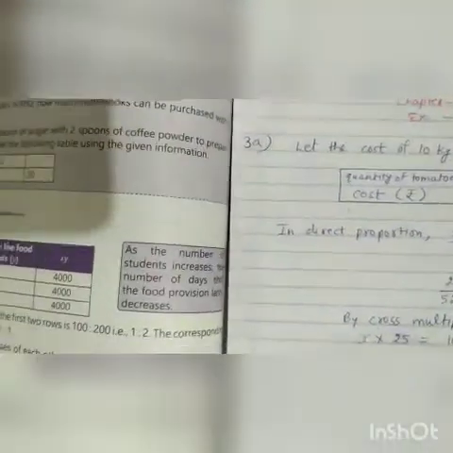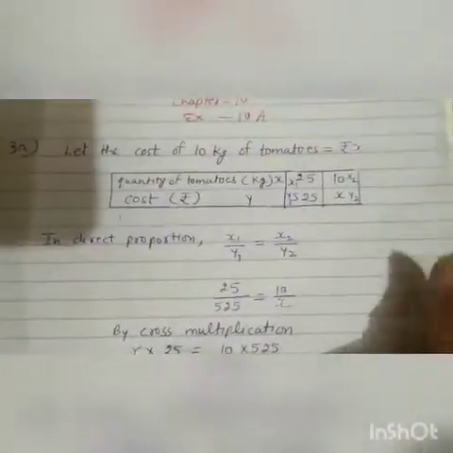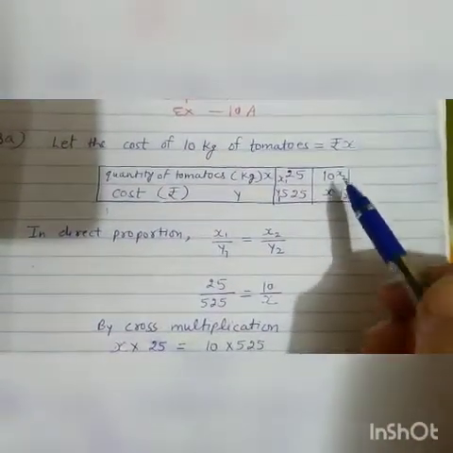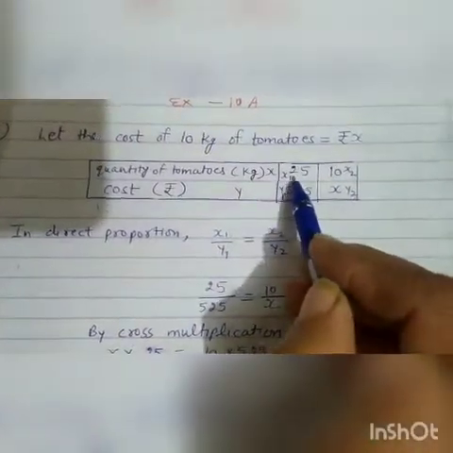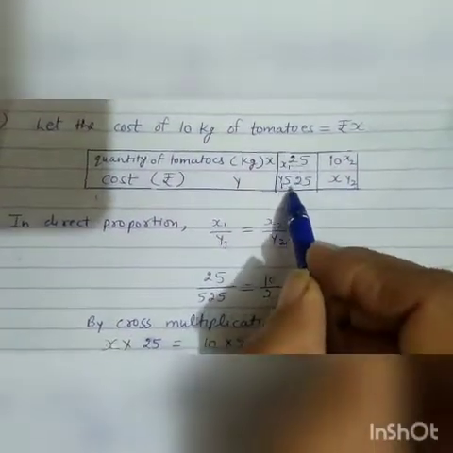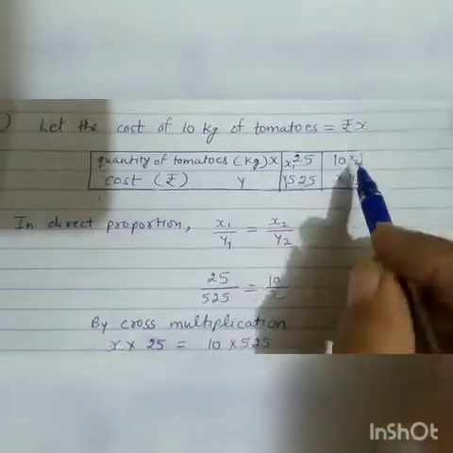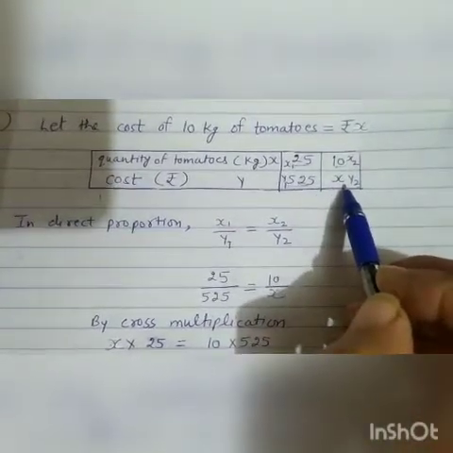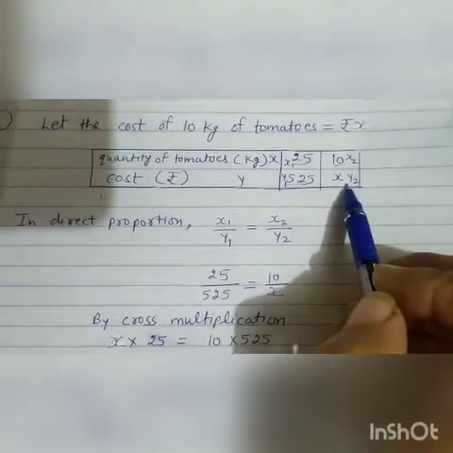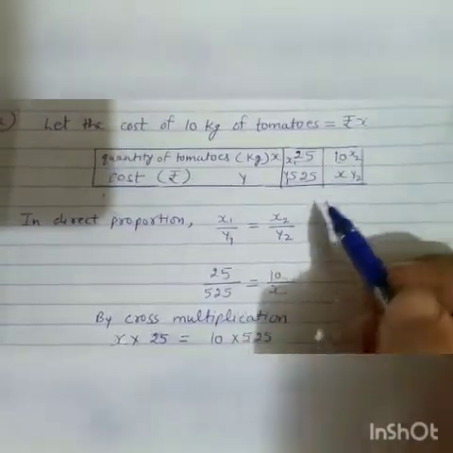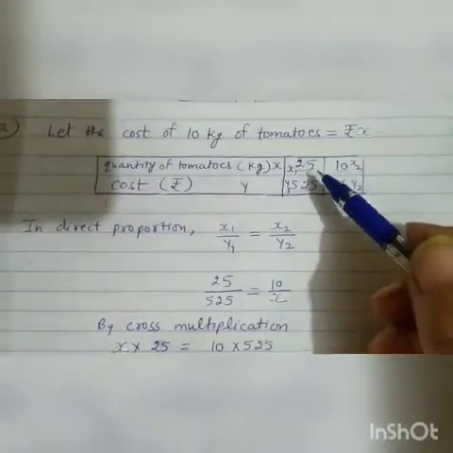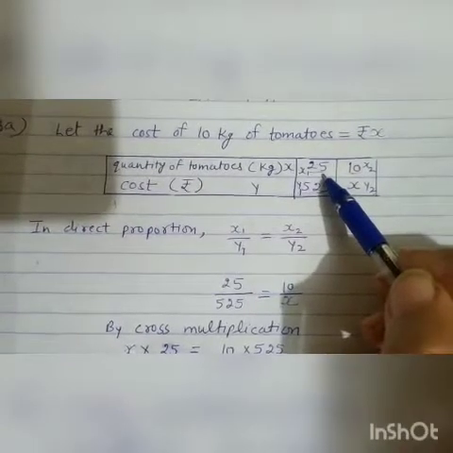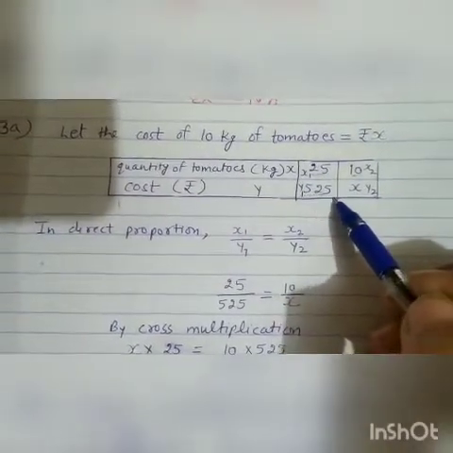In the previous class, first we will see whether it is direct proportion or inverse. See, the cost of 25 kg tomato is 525 rupees. Then will the cost of 10 kg tomatoes be less than 525 or more than 525 rupees? Students, you buy tomatoes from the market, your mother buys tomatoes from the market. If we buy 25 kg tomatoes, we pay 525 rupees.